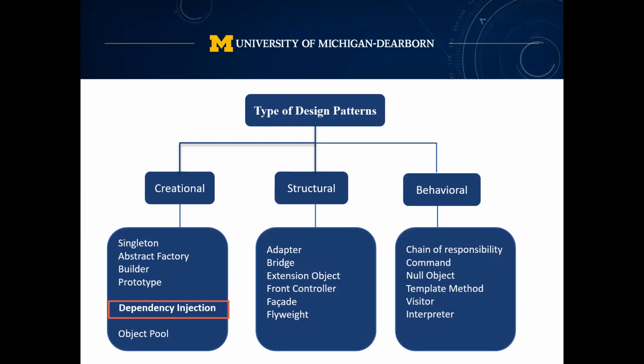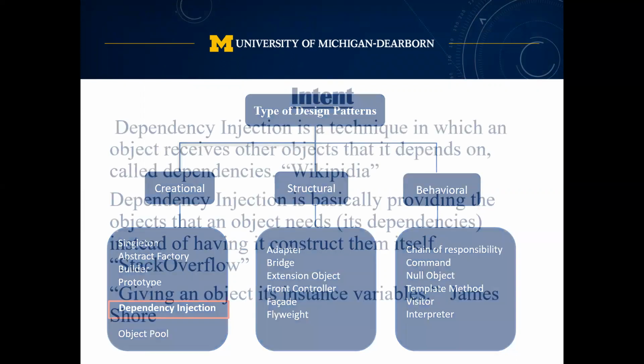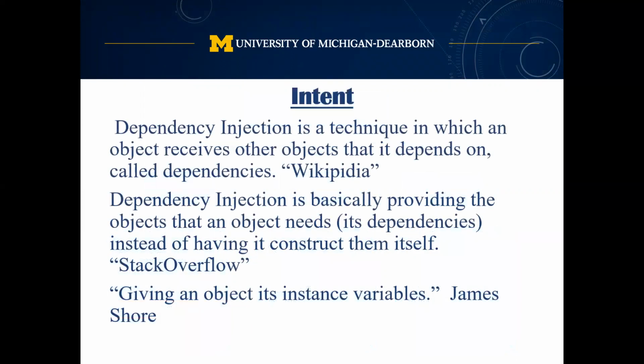Okay, so what is dependency injection? Dependency injection is a technique in which an object receives other objects that it depends on, called dependencies. That's what Wikipedia says about dependency injection.